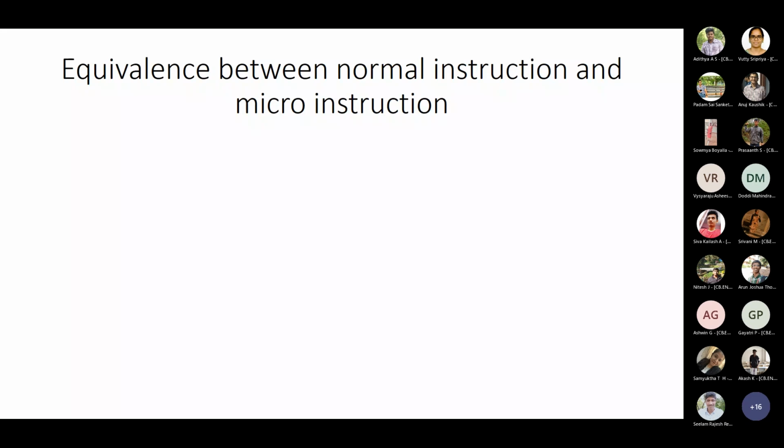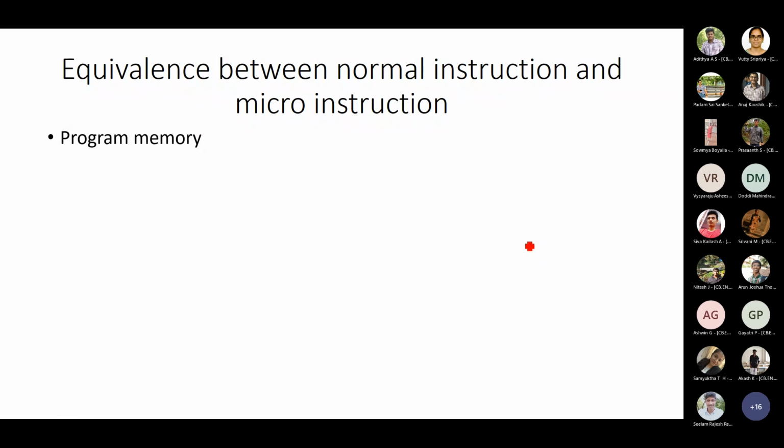So you take any instruction, the machine level instructions or the assembly language instructions, they are stored in a memory called program memory, isn't it? All the instructions are stored in instruction memory or program memory. So similarly here also, you have to draw the similarity between a big program and a micro program.